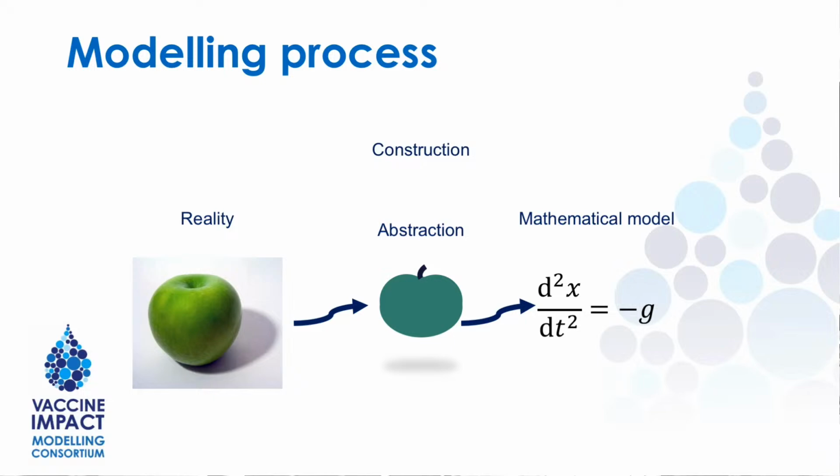The temptation is to say, we know reality is really complicated, all of it's important, so we should capture everything. But the problem with that is, firstly, it's tricky to put the model together, and if you capture everything, it would be massive.